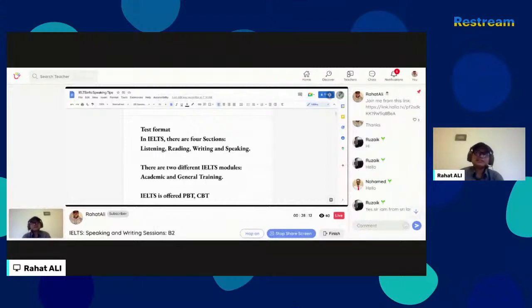For the writing section, you'll be given the questions on the computer again, and you have to submit through the computer. If you are good at typing, you might consider registering for the computer-based test, which is CBT. If you're not good at typing, you may choose to sit for the paper-based test, which is PBT. Both tests have similar value, quality and standard, so there is no difference at all.